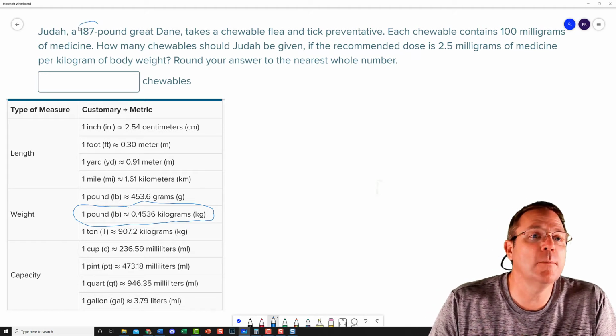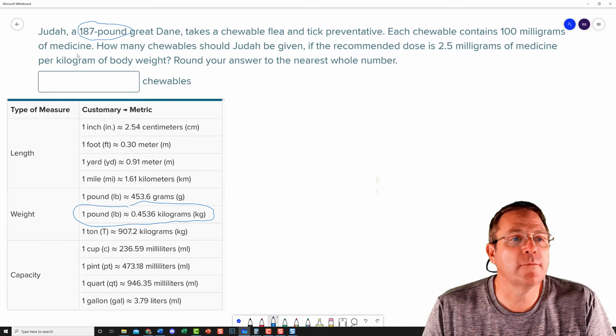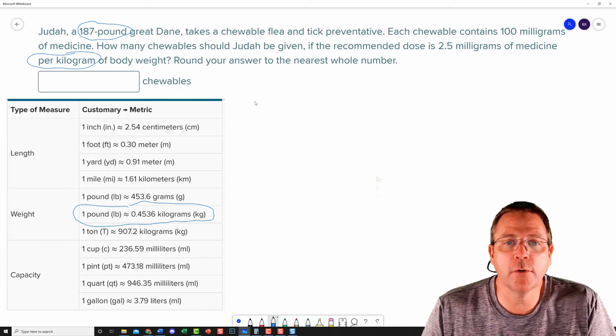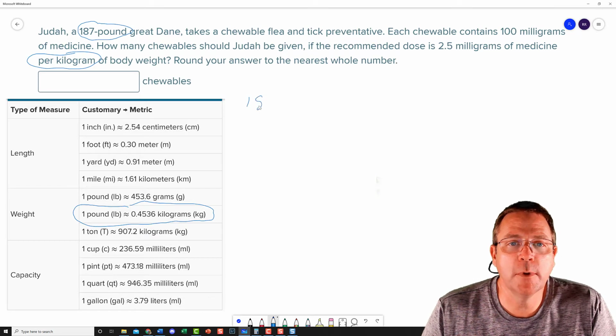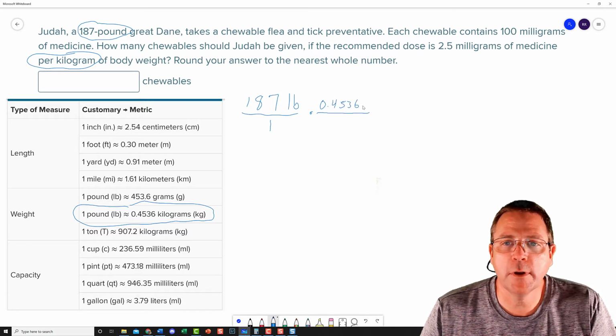And that's good because I have a 187-pound dog, and we have to find out his weight in kilograms. So let's start off with our conversion factor using dimensional analysis. 187 pounds, that's LB because the British designed it, times, and of course that'll end up being over 1, 0.4536 kilograms per 1 pound.